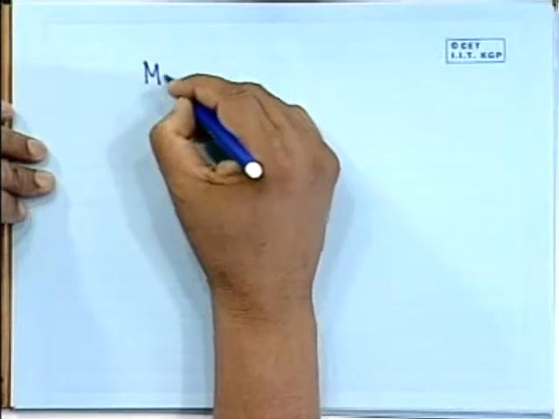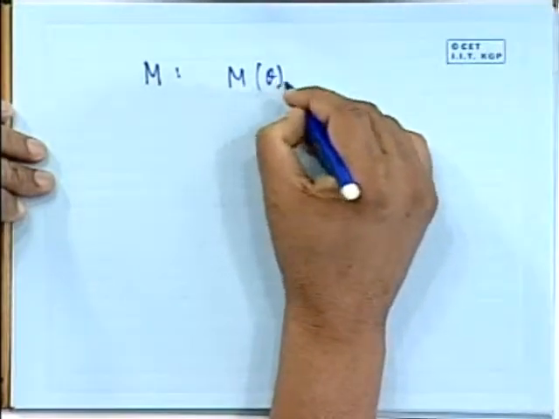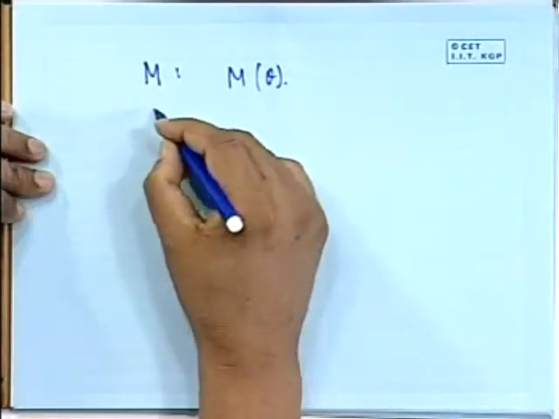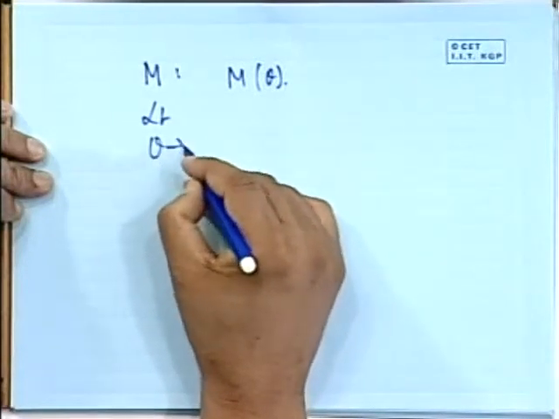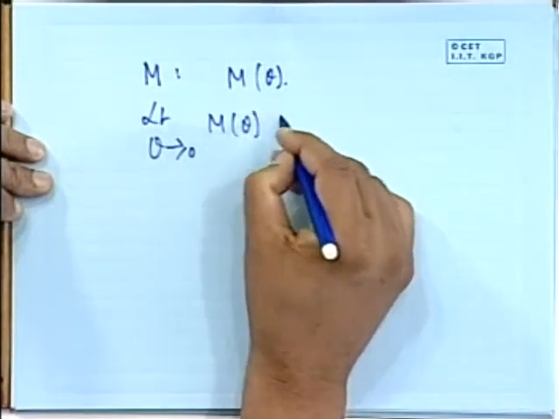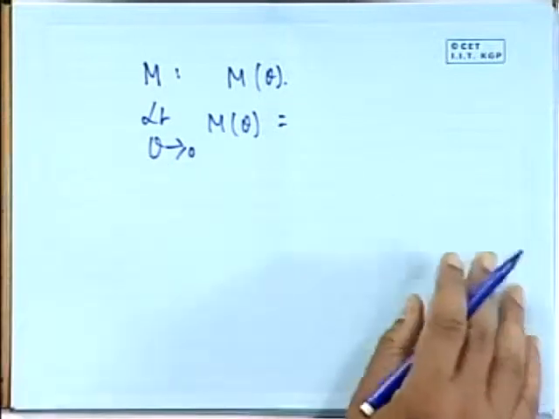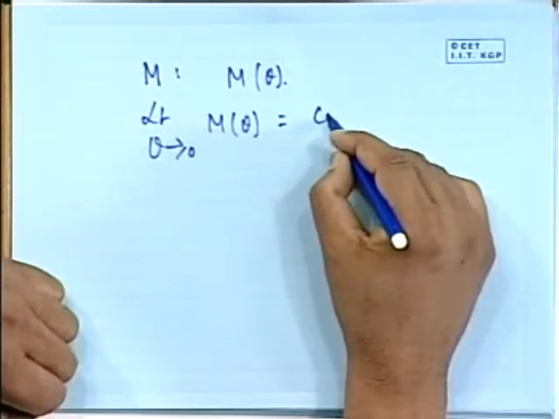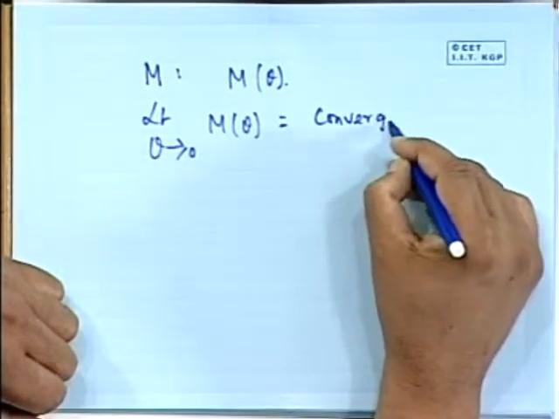Now, we will have an interesting situation. M is a function of theta, it depends on theta. Now, if you take the limit theta tends to 0 of M theta, it turns out that this converges to a fixed point. This we will prove later on.